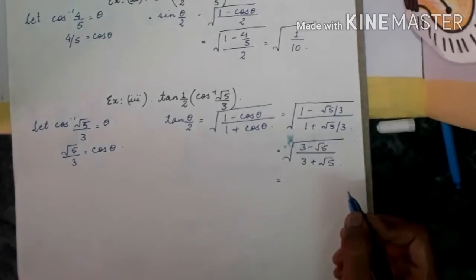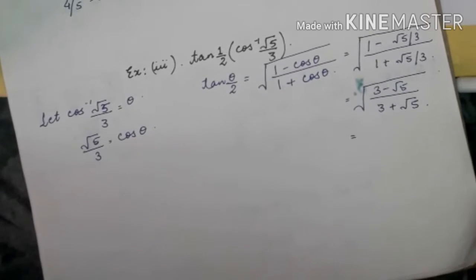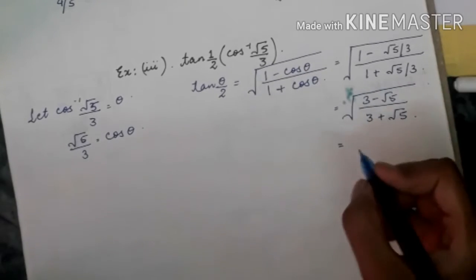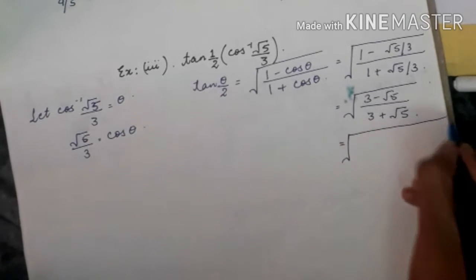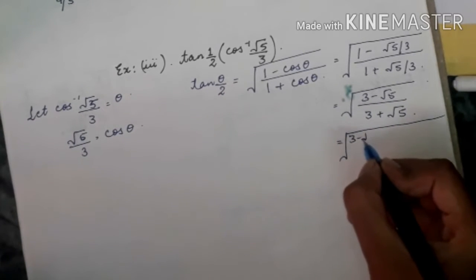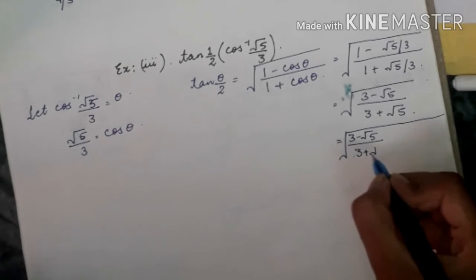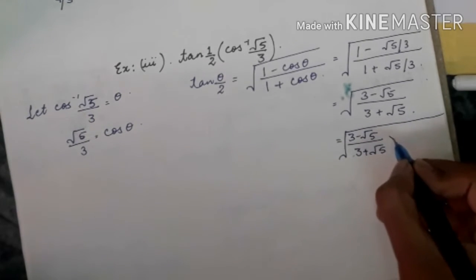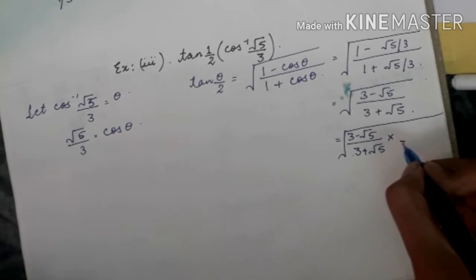Now what we have to do? We multiply it by its conjugate. See, 3 minus under root 5 upon 3 plus under root 5 into, multiply by the conjugate of the denominator.